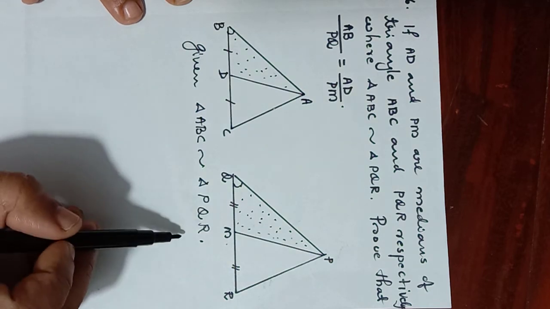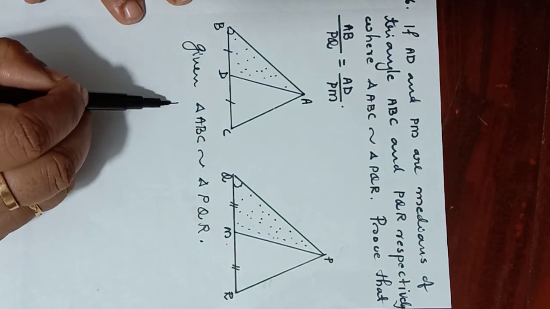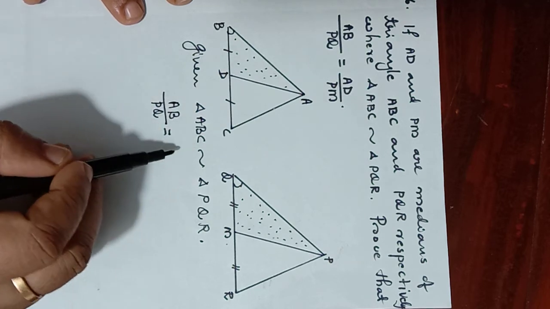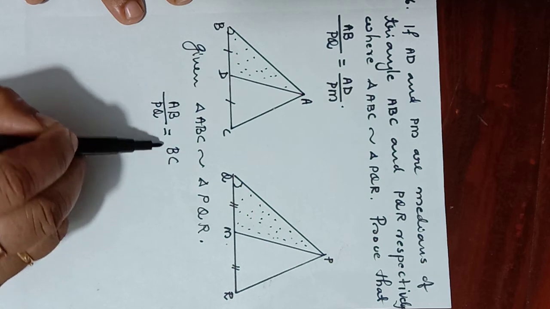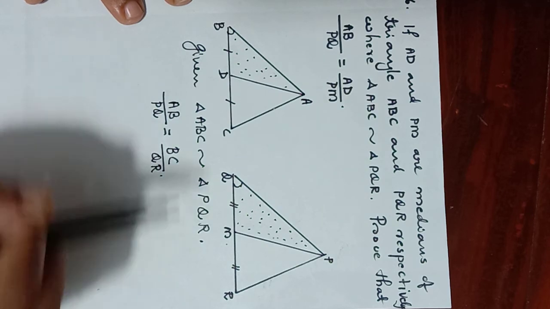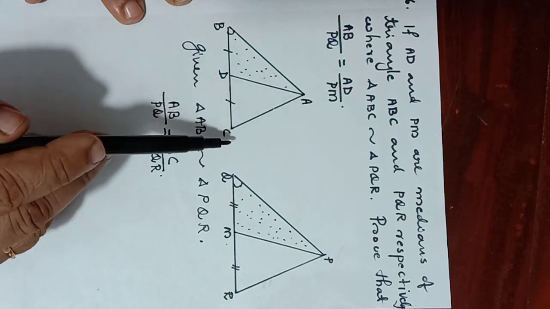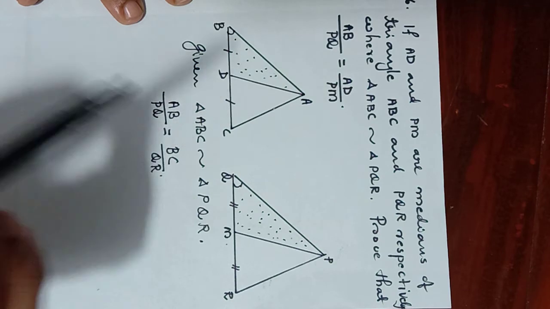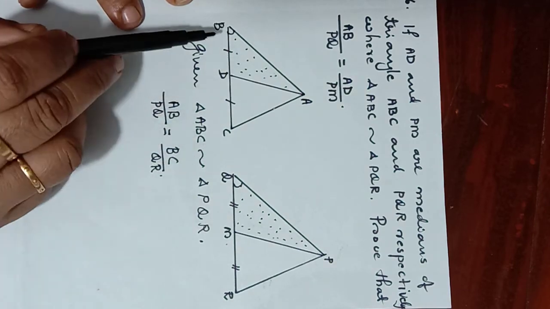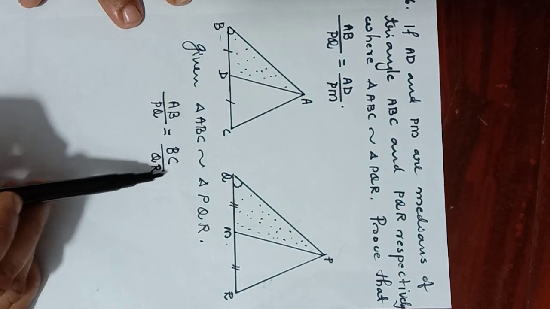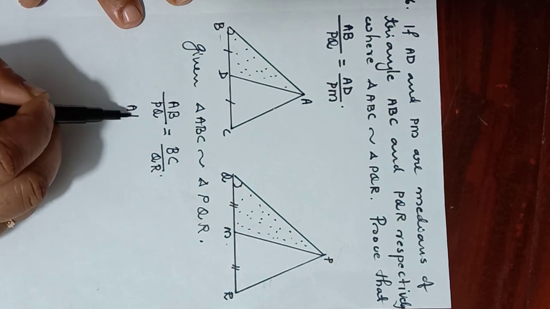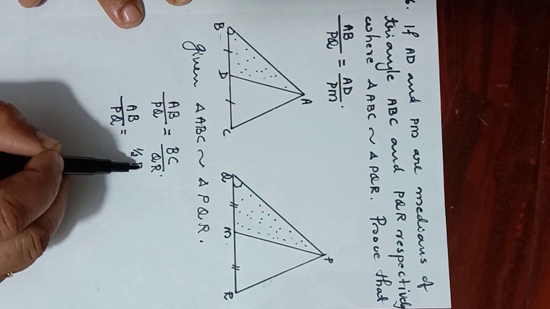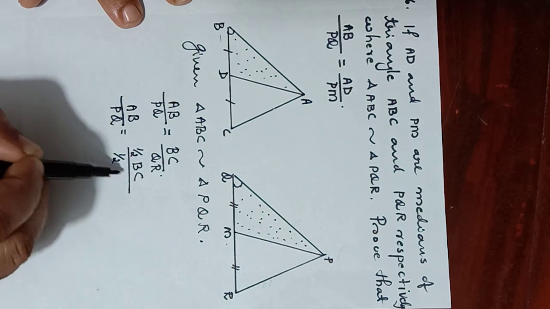If two triangles are similar, we are going to write the ratio AB by PQ equal to BC by QR. Only these two ratios I am going to write, because we don't want AC and PR sides. We need only triangle ADB and triangle PMQ. So if I take half on both sides, AB by PQ is equal to half BC by half QR.